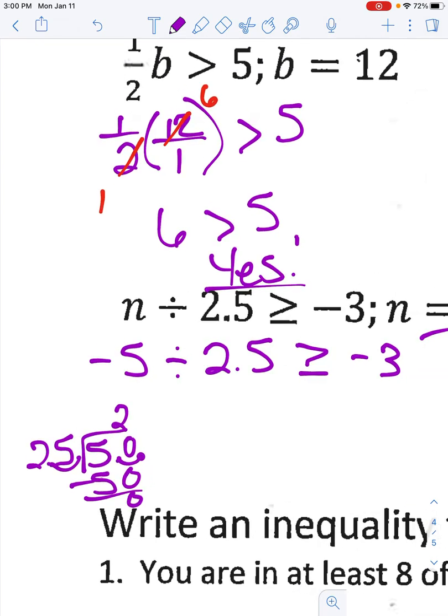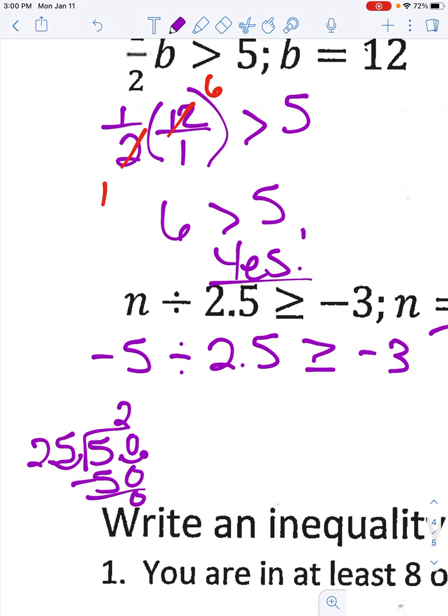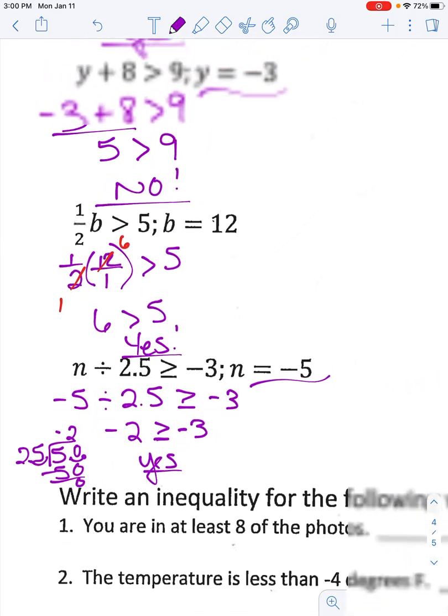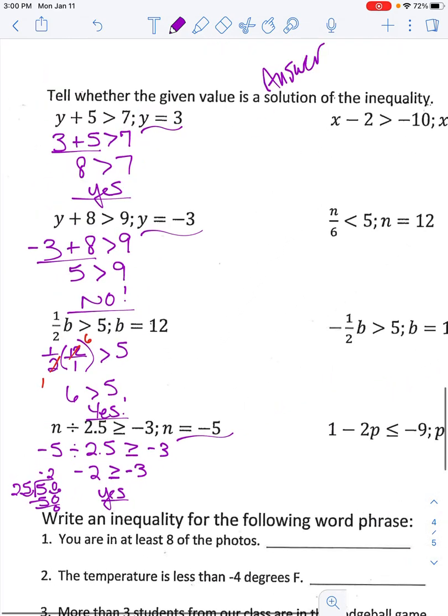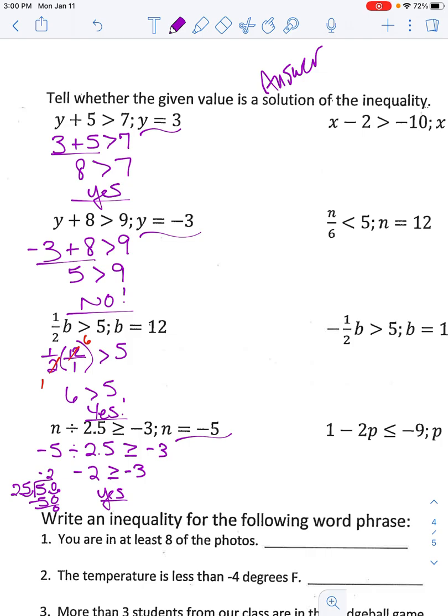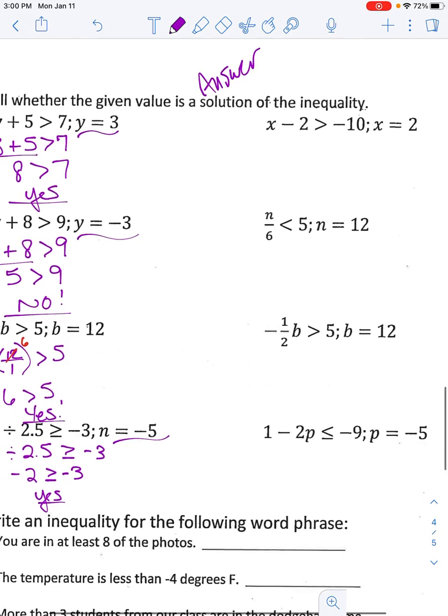So we're going to get a 2 here. And 1 is positive, 1 is negative, so it's going to be a negative 2 is our answer. Is negative 2 greater than or equal to negative 3? Yes, it is. Negative 2 is greater than negative 3. Remember, numbers to the left is always less, numbers to the right, greater.